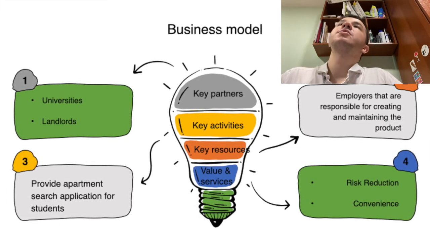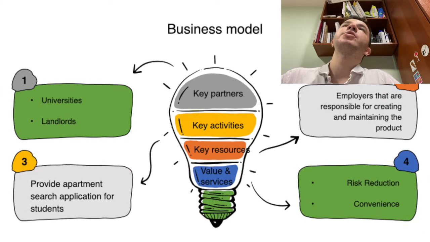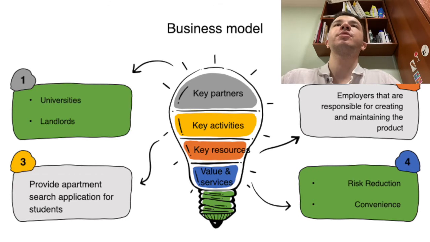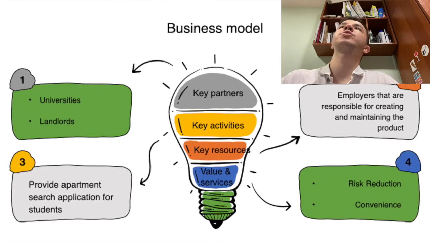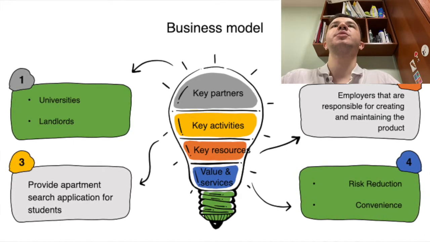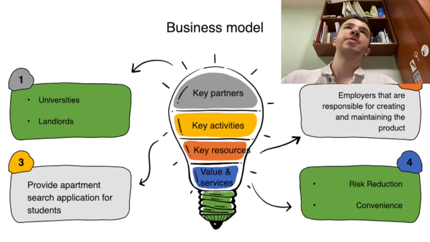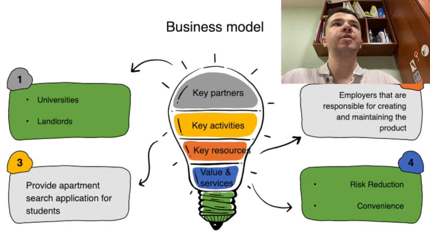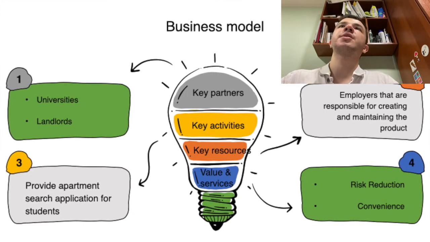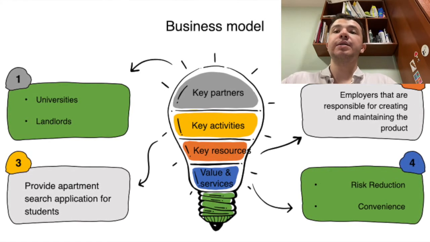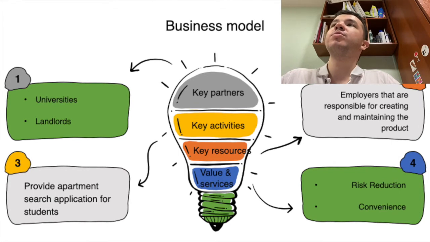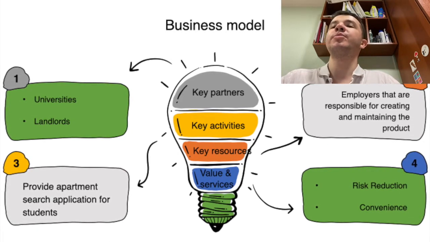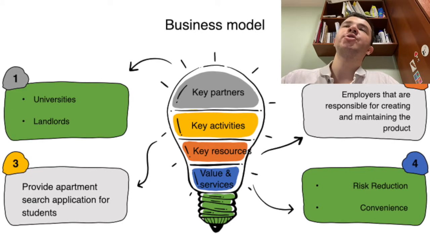Key activity of ours is an application, a multifunctional search engine for students that helps them to find the neighbor as well as an apartment for future studying. And there are two values which I believe we add by our business. The first is risk reduction.